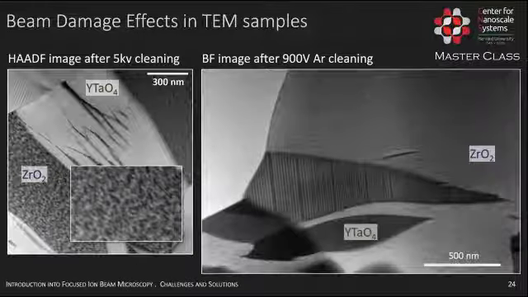Here we can suddenly recognize features that were hidden behind all that corrugated intensity, which had completely obscured the actual structure. This is a bright field image, so the intensities are inverted and the zirconium is now bright. You see these tiny little dark features, which are tiny yttrium tantalate precipitates distributed all over the zirconium oxide grain.